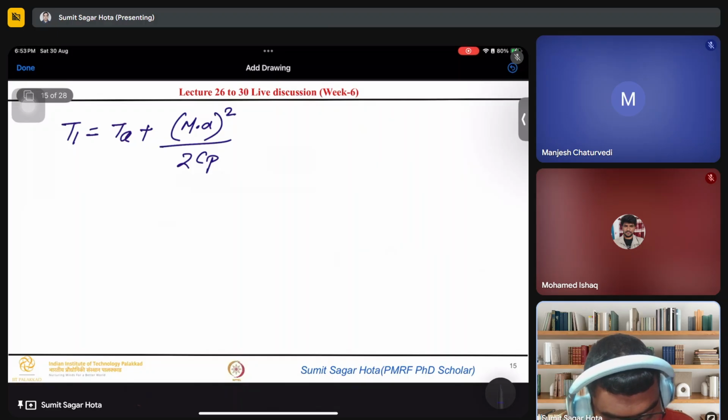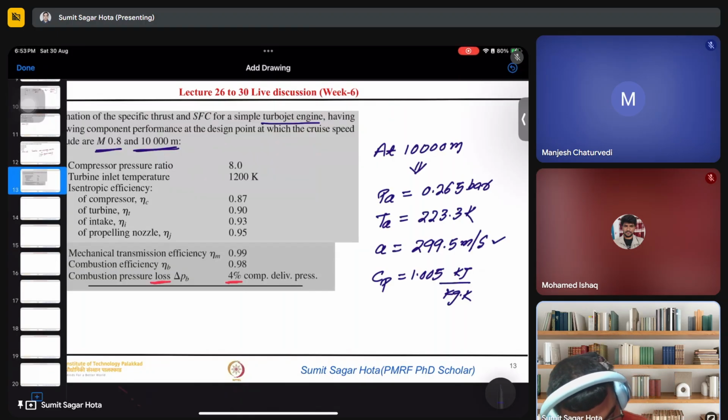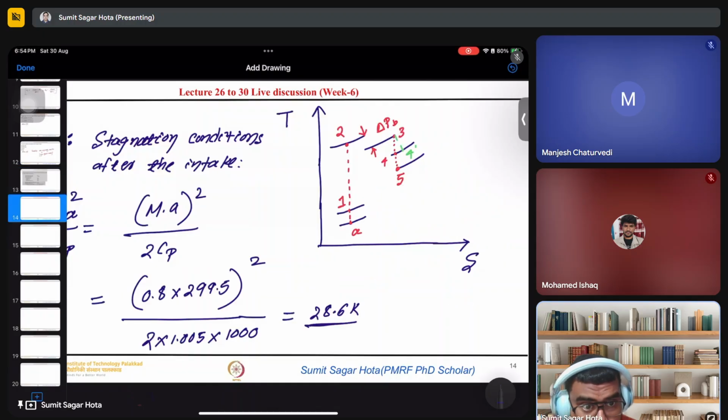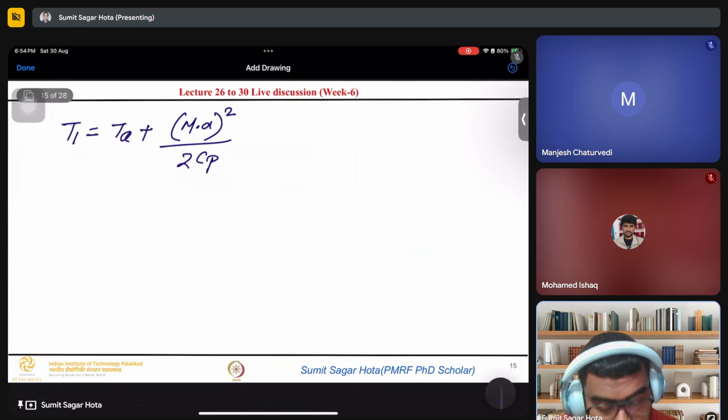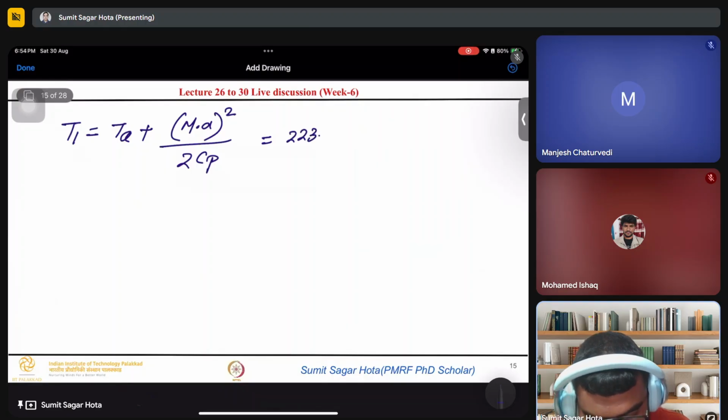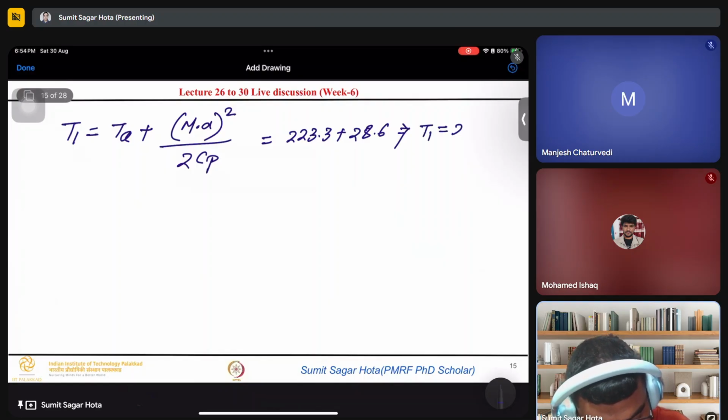Now Ta, what is Ta? Ta is already given, 223.3 Kelvin. So it will be 223.3 plus 28.6, and T1 will be 251.9 Kelvin.